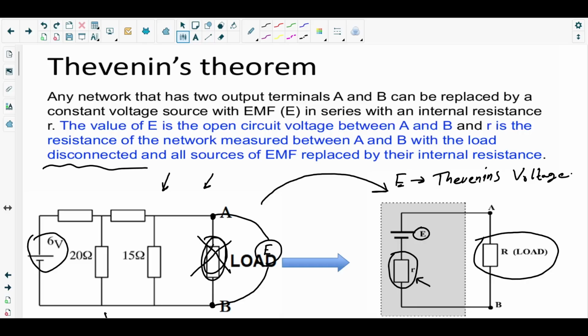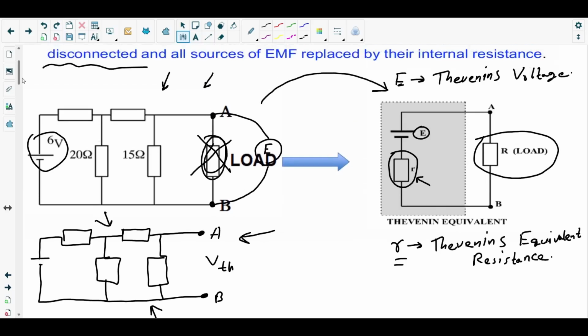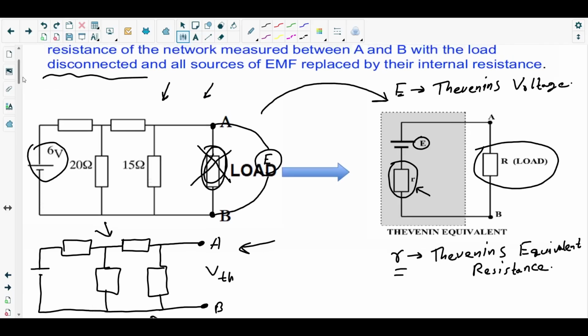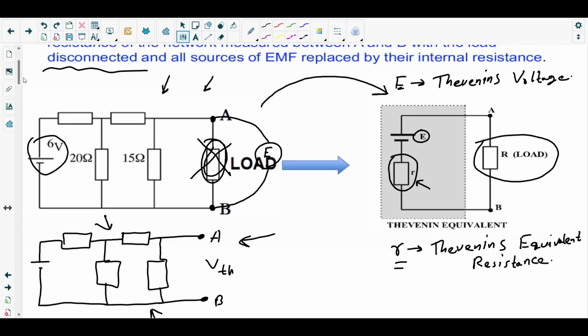Okay, so that's why it's very effective. Rather than analyzing a very complex circuit, we have to analyze a very simple circuit with two resistors and a power supply. It's much easier, much simpler, right? So that's what exactly you need to understand, the significance of Norton's and Thevenin's theorems.